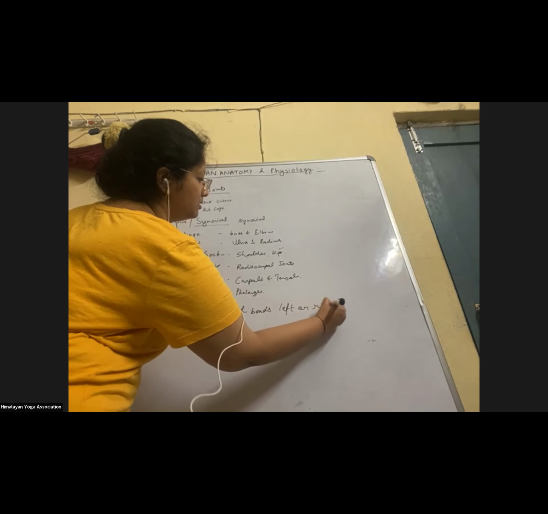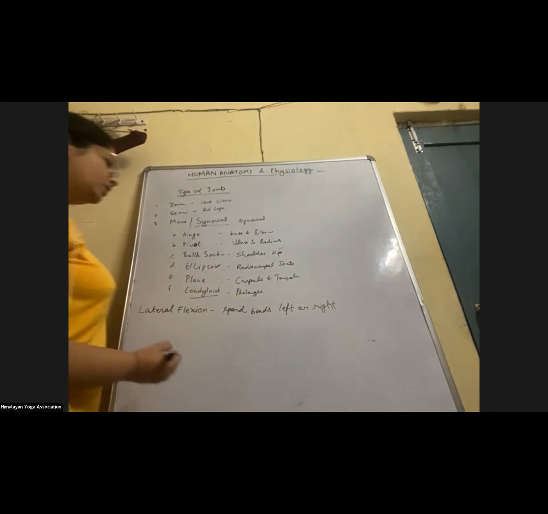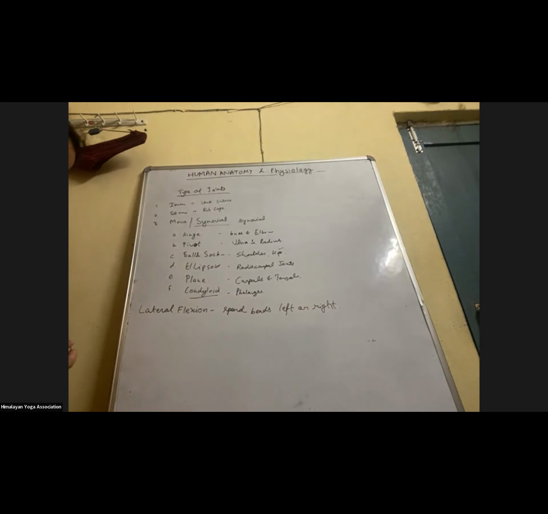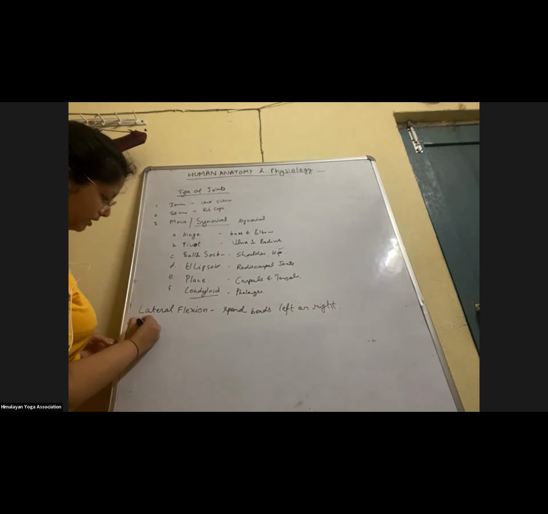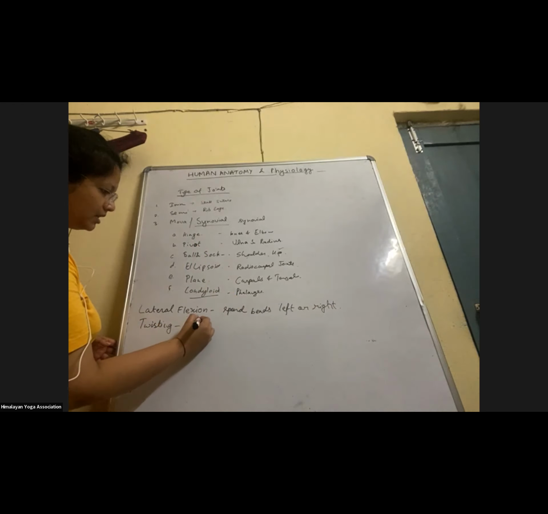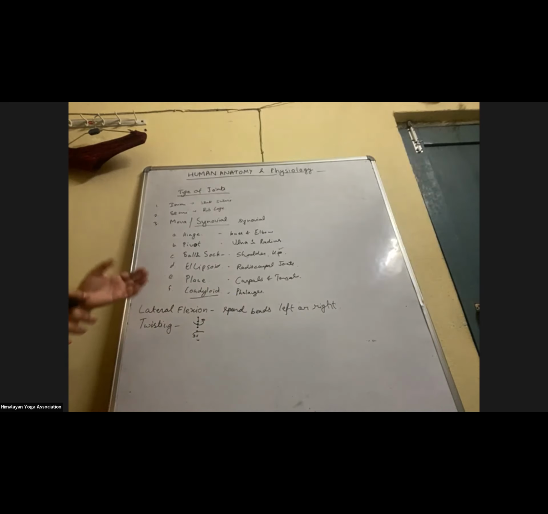That's called lateral flexion. Okay. Then we studied twisting in the spine. Twisting is basically the upper half of the spine twisted in one direction and the lower half twisted in the other direction.